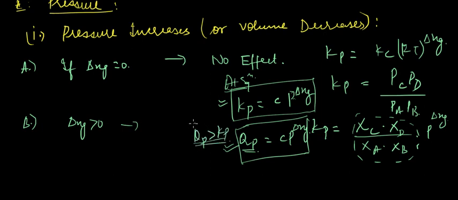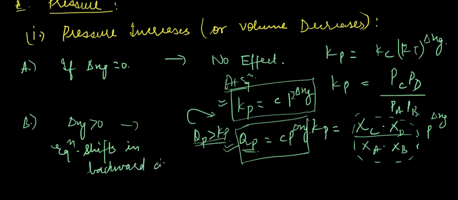This implies that the reaction will go in the backward direction so as to minimize the products formed. If the partial pressure of products decreases, then Qp will come back to the Kp value. The Kp value is fixed and constant; that is the equilibrium state. So if delta ng is greater than 0, equilibrium shifts in the backward direction. More reactants would be getting formed.